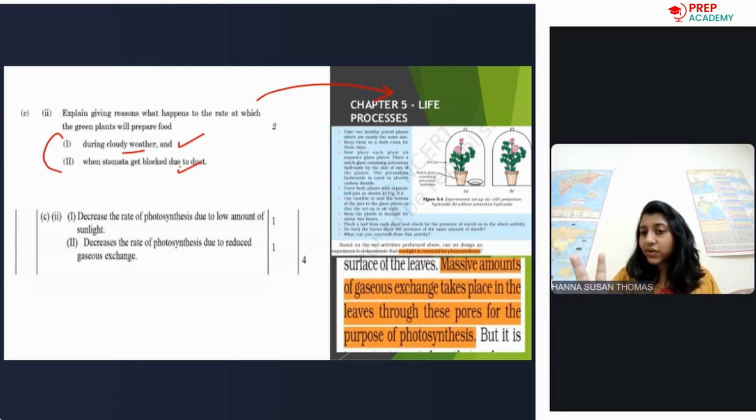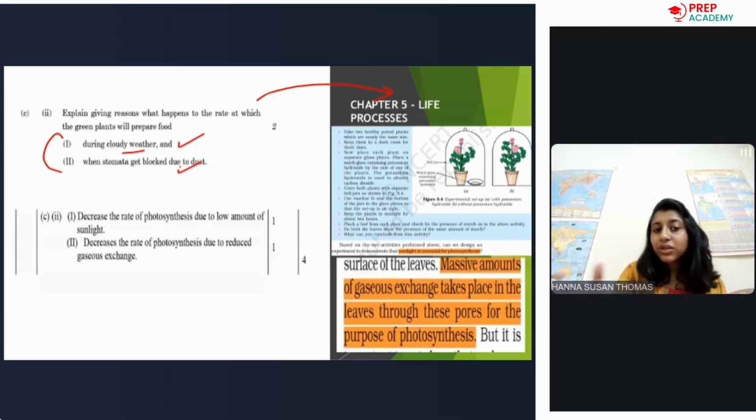Okay, there are two activities given, and these two activities are important for you to understand the importance of sunlight in the photosynthesis process. Sunlight is essential for green plants for conducting photosynthesis.